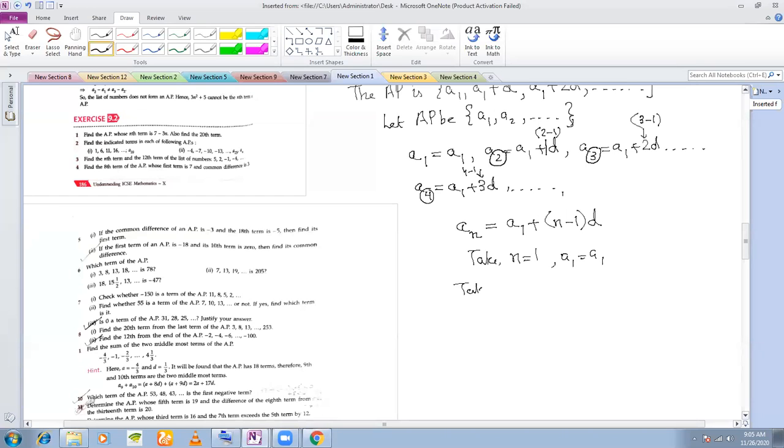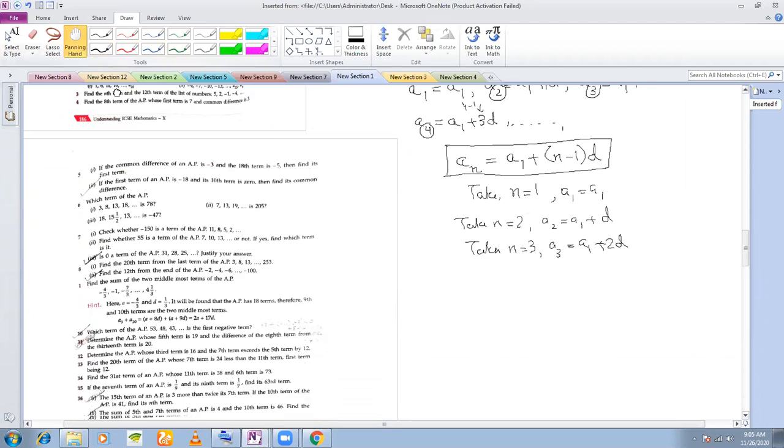If you take n equal to 2, you get A2 is equal to A1 plus D. Take n equal to 3, you get A3 is equal to A1 plus 2D, and so on. So this is called the nth term of an AP. Remember, very, very important formula. The nth term of an AP is an is equal to A1 plus n minus 1 into D. With the help of this, we shall work out some problems.